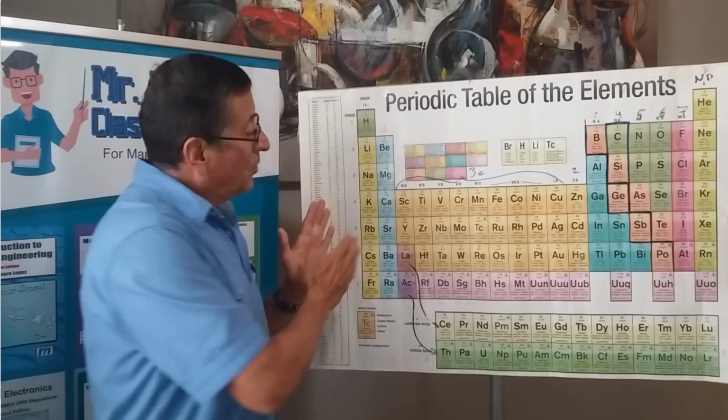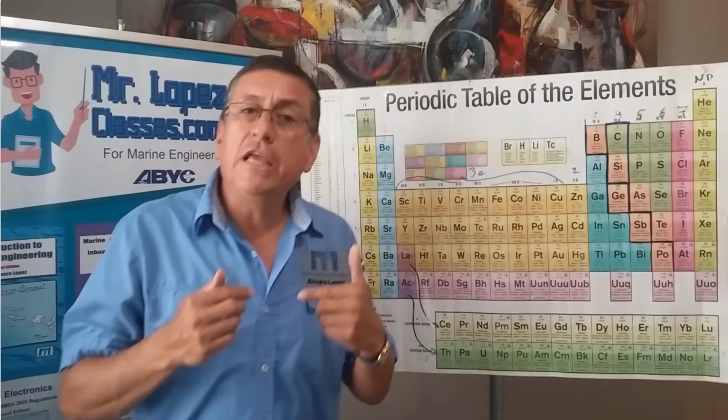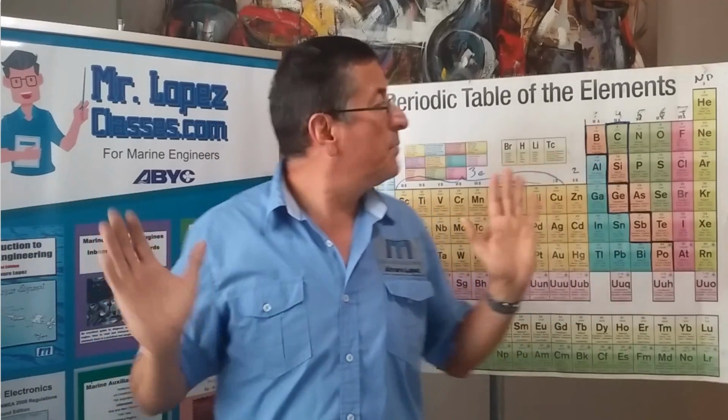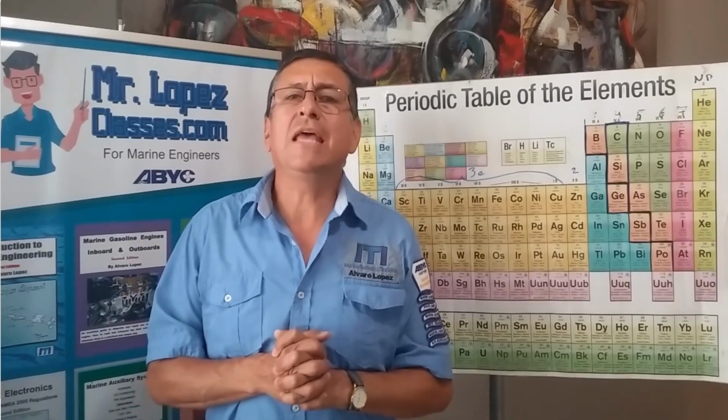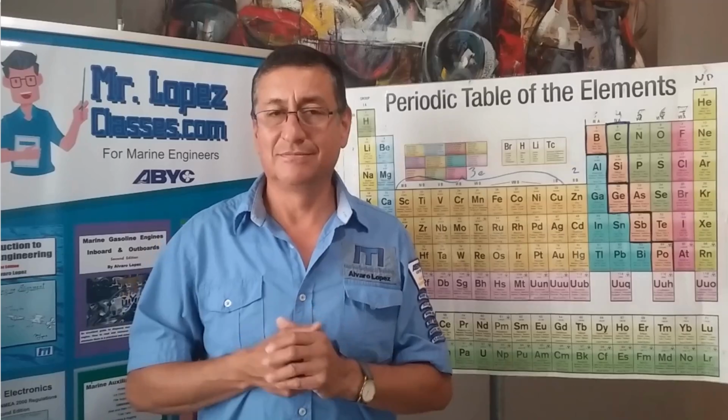The elements are located in the periodic table according with the amount of electrons in the last orbit. It's simple. Number 1, number 2, 3, 4, 5, 6, 7, and 8. All right. According with the amount of electrons in the last orbit, the elements are considered to have more energy or less energy.